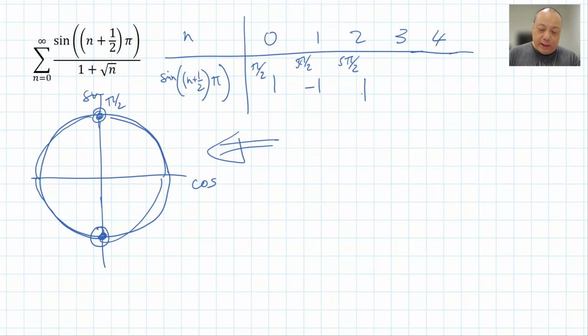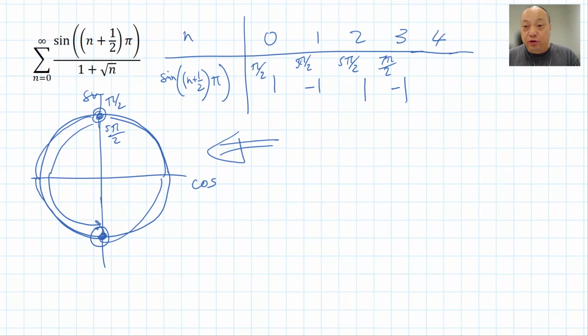I'm back here at 1. I'm already seeing the pattern. Next one is n equals 3, 3.5, that's 7 pi over 2. I was at 5 pi over 2 here, 6, 7. Then I'm down here again at -1. I see the pattern already.